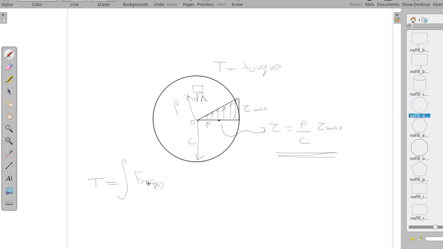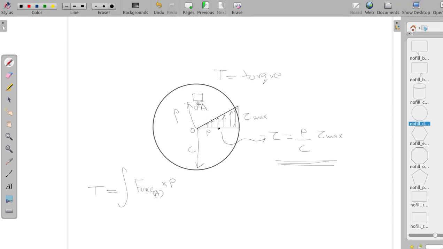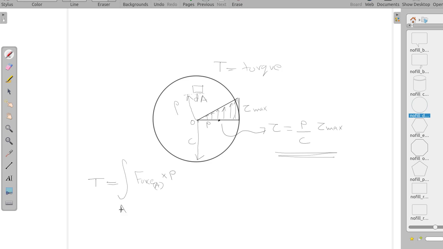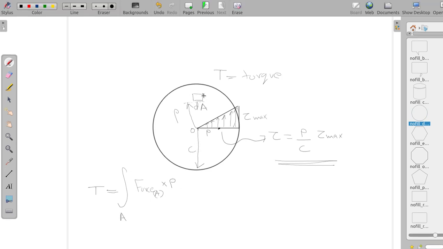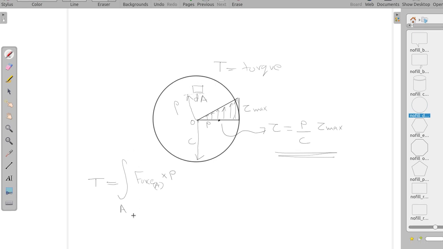So about the axis, force on A multiplied by rho will be the torque due to force on dA. So that should be integrated throughout the area. This is the torque due to the force on this small elemental area dA, and if you integrate it throughout the area you get the total torque.